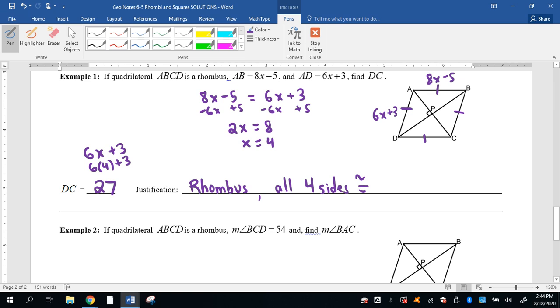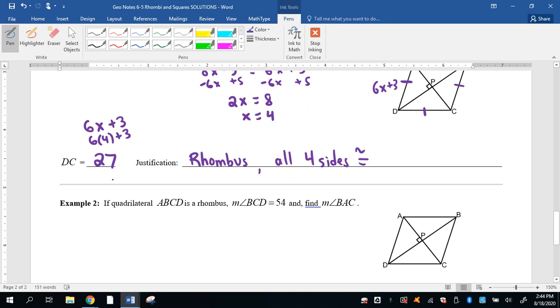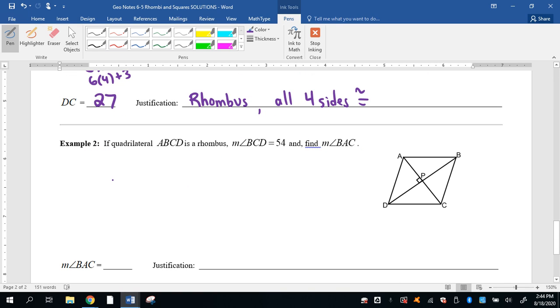Let's do problem number 2. This is a rhombus, and they give us the measure of BCD. BCD is 54 degrees. We want to find BAC. I'll call that x. Well, we know that in a rhombus, the diagonals bisect the angles. So these 4 angles are the same because opposite angles are congruent in a parallelogram. So we can write that down.